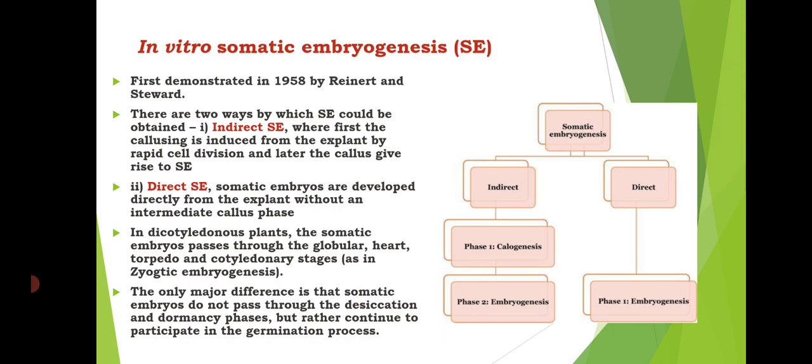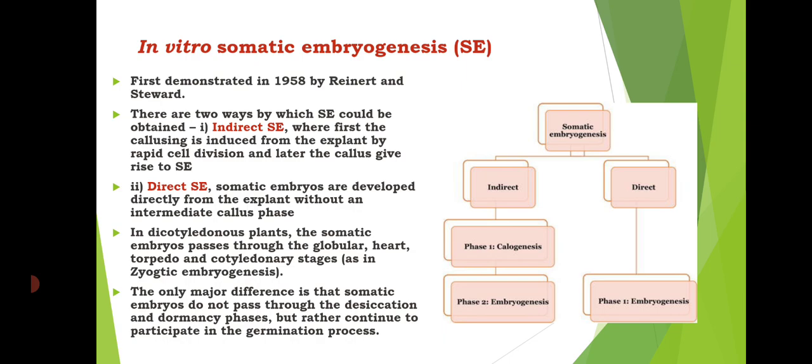Considering the protocol of somatic embryogenesis, there are two types, or two ways, of somatic embryogenesis. SE means somatic embryogenesis. Indirect somatic embryogenesis is where first callus is induced from the explant by rapid cell division, and then from that callus somatic embryos form.